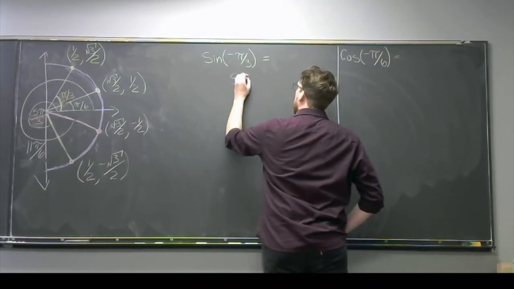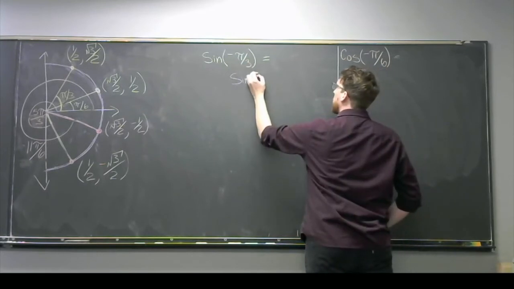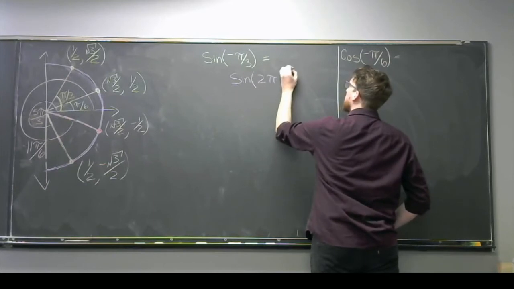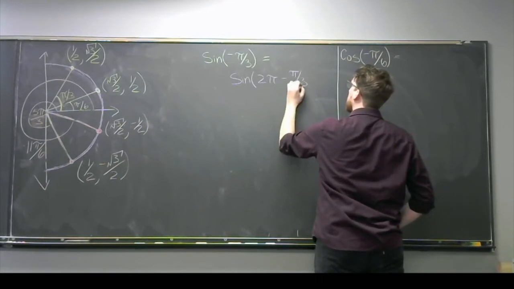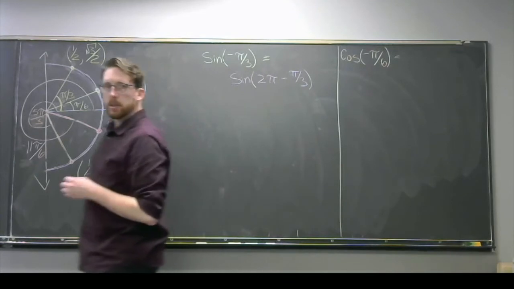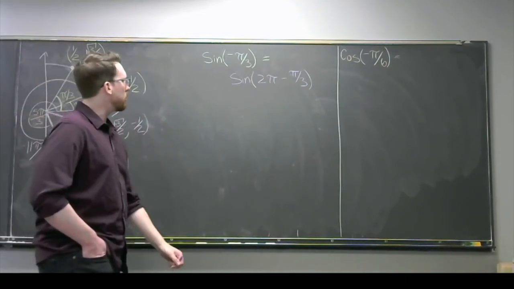So if we do it to sine, we're going to say, all right, this is equal to 2 pi minus pi over 3. You might be thinking to yourself, okay, well, I can reduce this. So let's reduce it.